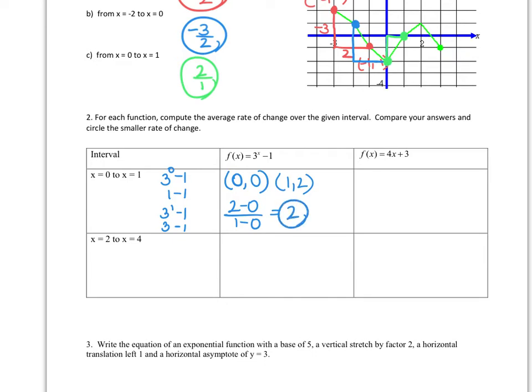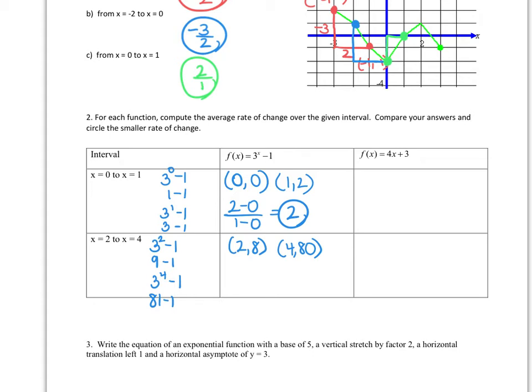From 2 to 4, for 3 to the x minus 1, if I do 3 squared minus 1, 9 minus 1 is 8. So my ordered pair is (2, 8). And when I plug in 4, 3 to the 4th power is 81 minus 1, so I get (4, 80).